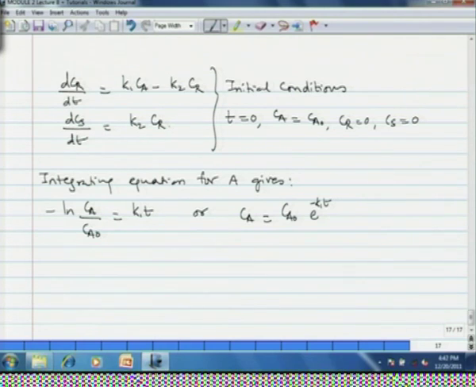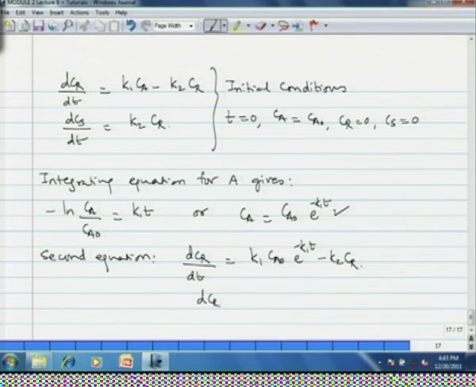Now, the second equation, that is the equation for R. Now, we substitute this particular expression for Ca there. So, what we have is this, or if we rearrange, then what we have is this.